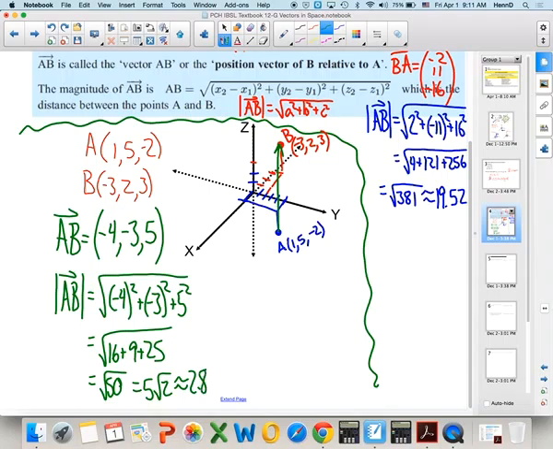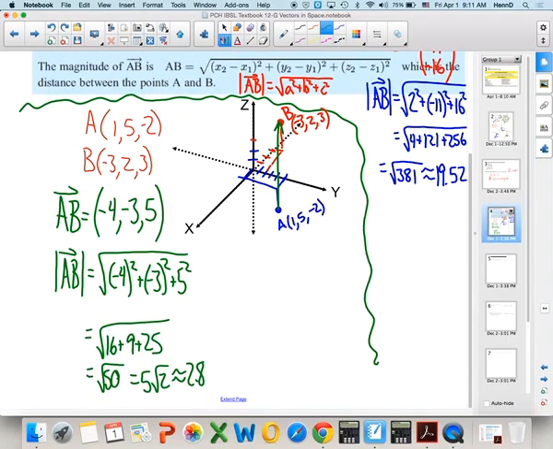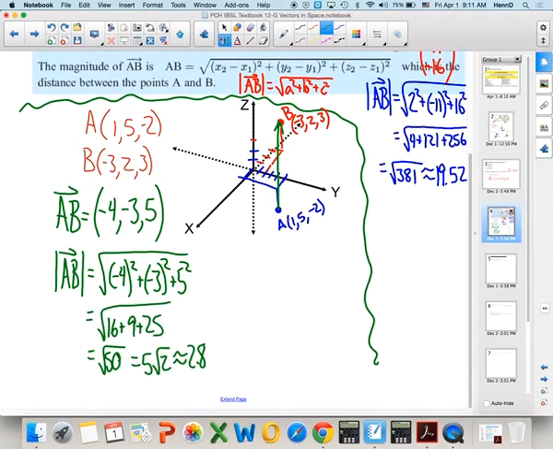No, sorry, not 2.8. That's only 2 times root 2. 5 times root 2 is 7.07. Okay? So there's our magnitude. Now we have an idea of how long this thing is.